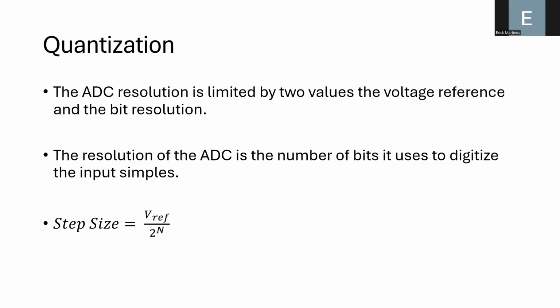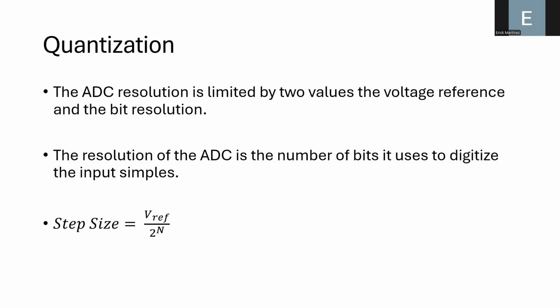Okay, so quantization is performed by the ADC as follows. Basically, we need to take into account the resolution of the ADC. For example, many analog to digital converters have a bit resolution, and you can have 10 bits or 11 bits, depending on the ADC. Typically, the values are between 10 and 12 bits.